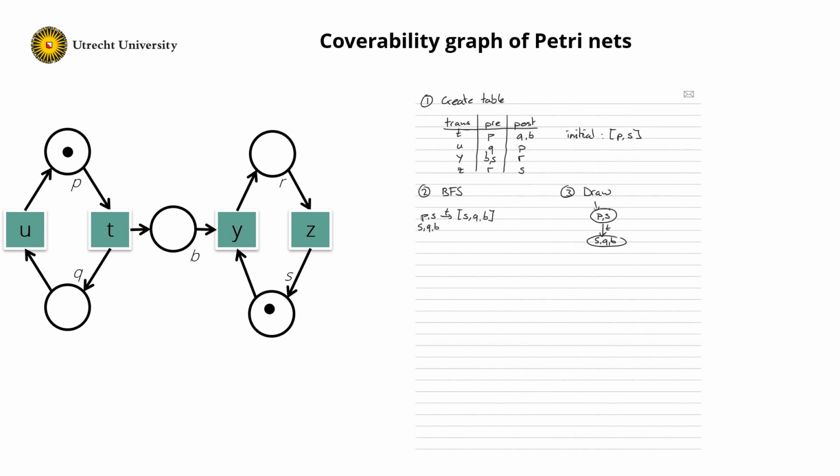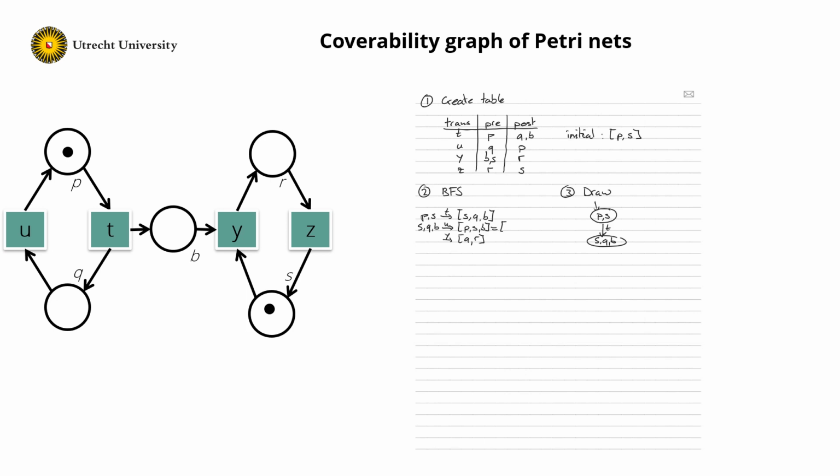In it, transition U can fire. That gives me P, S, and B. And transition Y can fire. And it gives me the marking QR. So, if I'm in SQB and I walk back, then I see that the initial marking is PS. Hence the marking PSB strictly covers the initial marking PS.